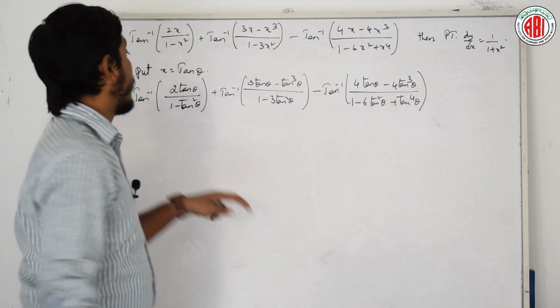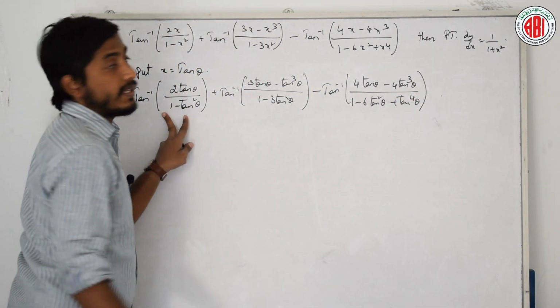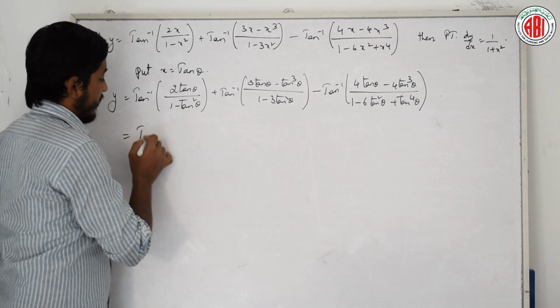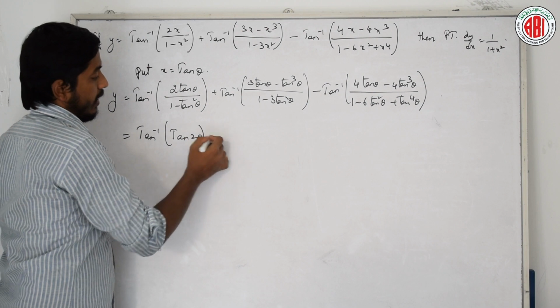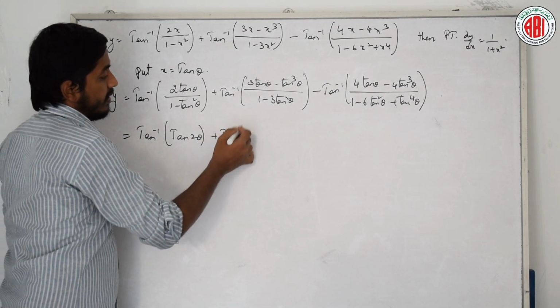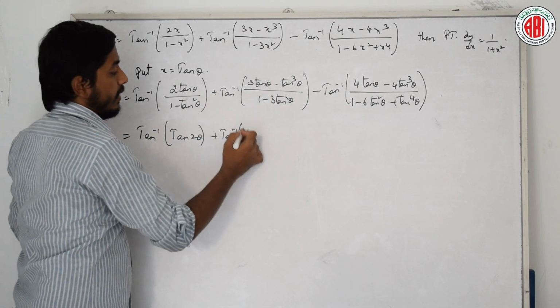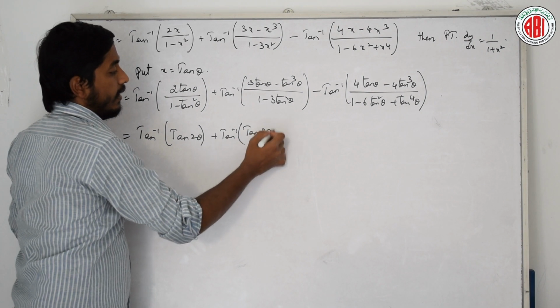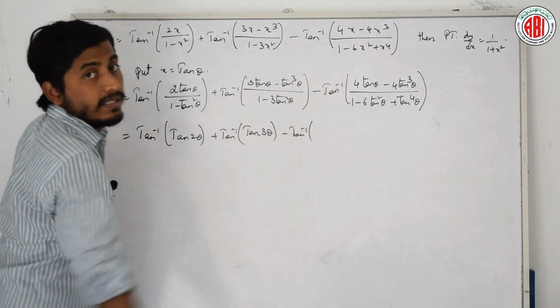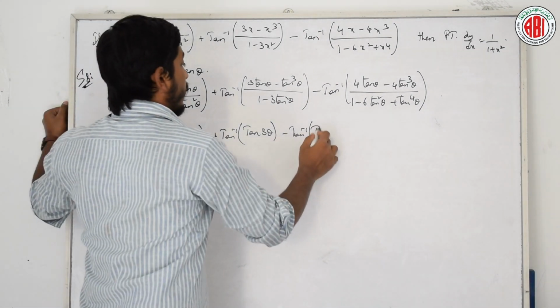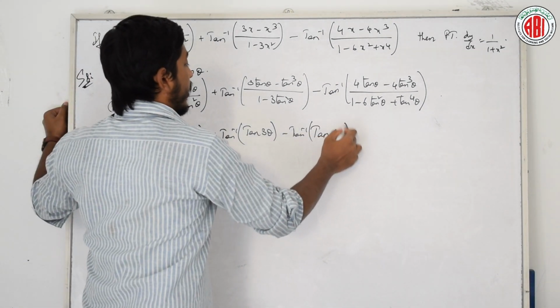Is it right? Now, what is the formula of this? This is nothing but tan 2 theta. What about this? This is tan 3 theta. And the whole thing is nothing but tan 4 theta.